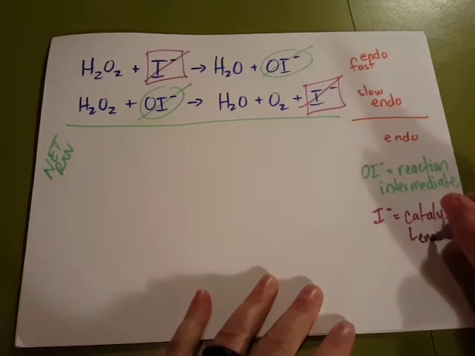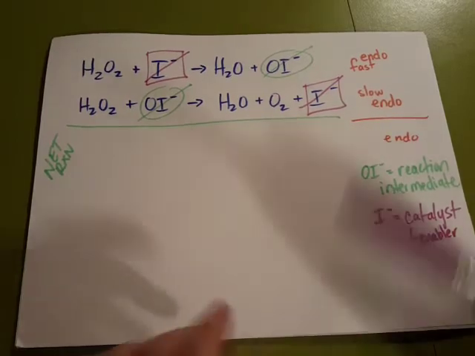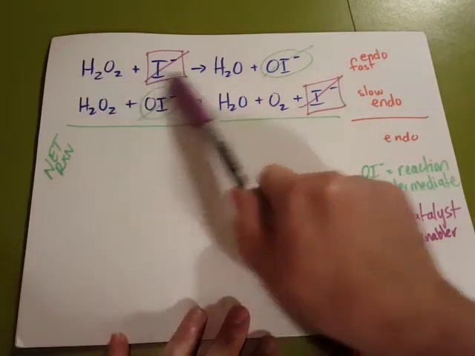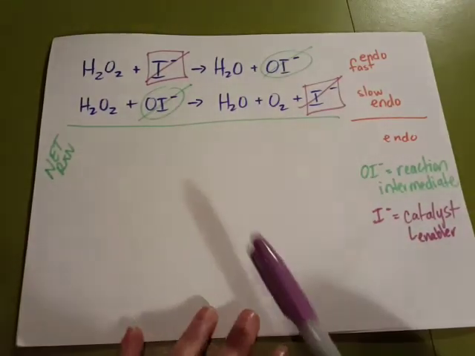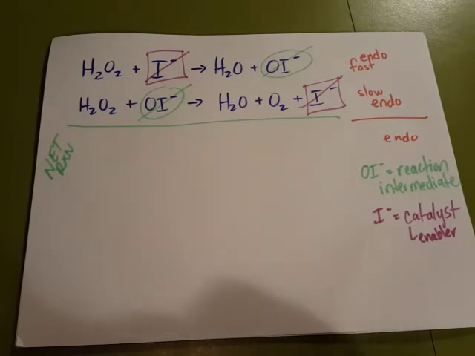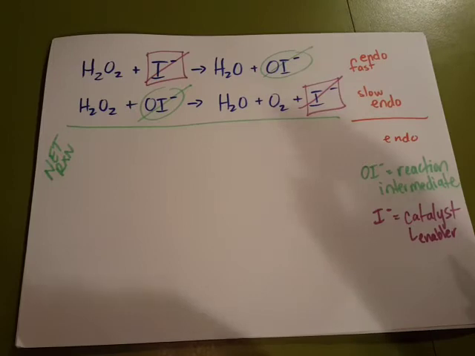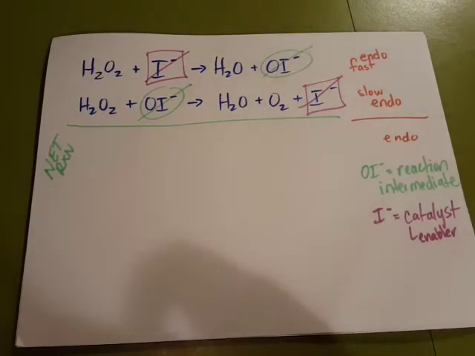So in this case, the hydrogen peroxide doesn't want to just start breaking down, but it does in the presence of iodine ion. So that is acting as its catalyst. And again, we're going to see that as a reactant first and then again as a product.